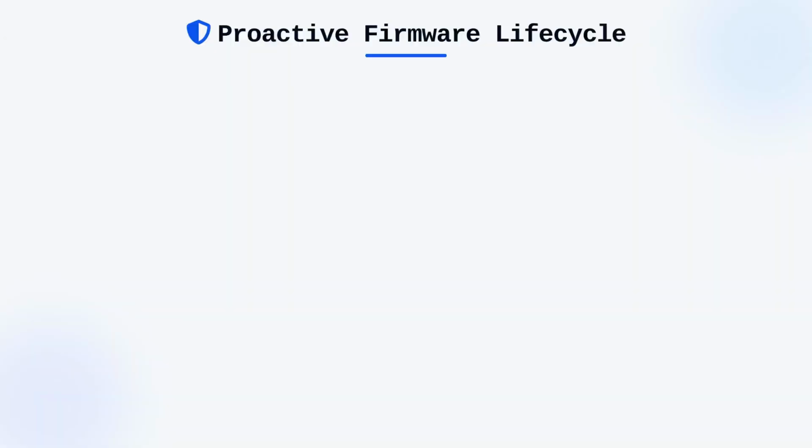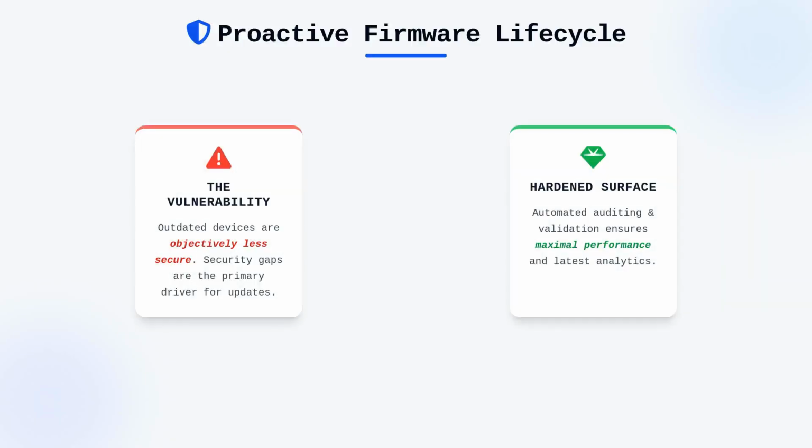Beyond the technical safeguards, the ultimate goal of these protocols is to maintain a hardened attack surface against emerging threats. Security vulnerabilities are the primary driver for many firmware updates, meaning a device that is 6 months out of date is objectively less secure than one that is current. As practitioners, it is our responsibility to operationalize these updates as part of regular infrastructure hygiene rather than treating them as reactive fixes to active system failures.